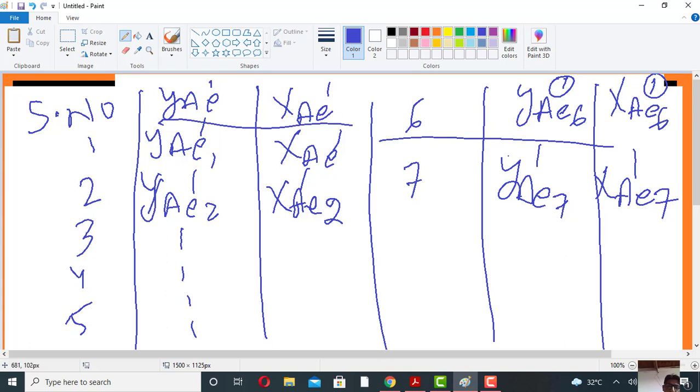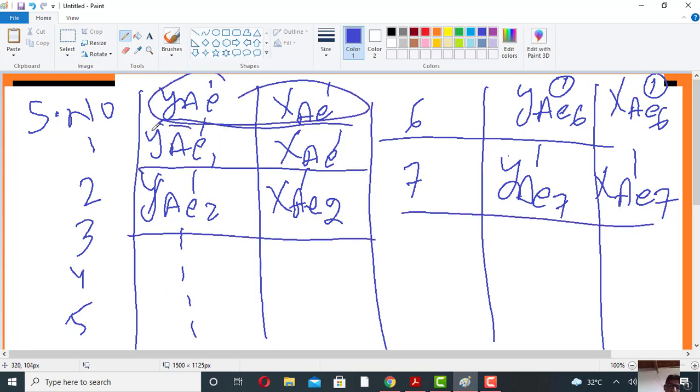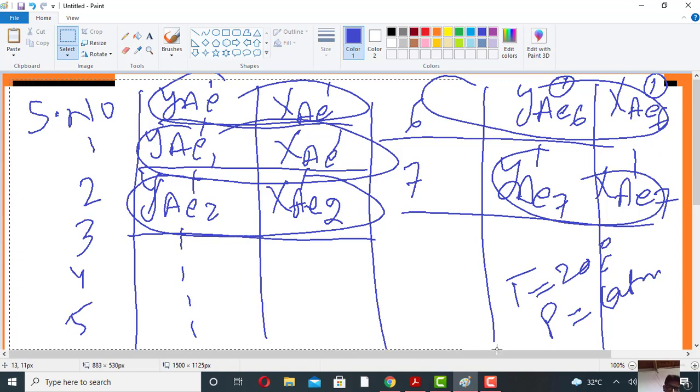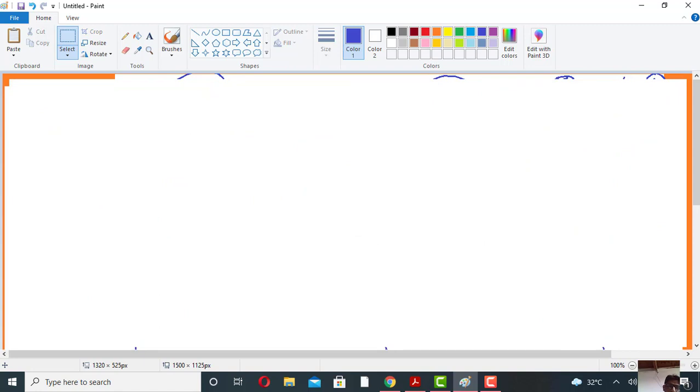So we plot the graph from these equilibrium points. These are the equilibrium points at 20 degrees centigrade, 1 atm pressure. So we plot a graph.